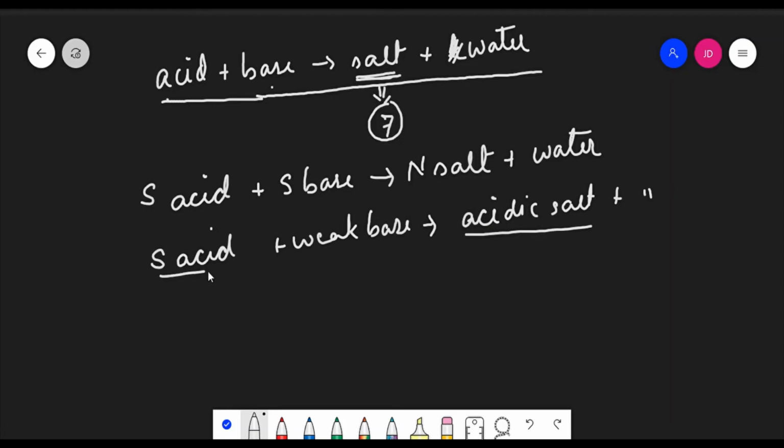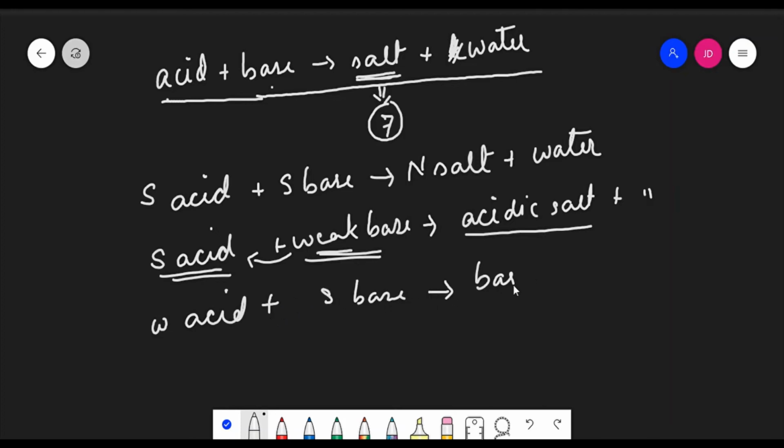Because the acid is stronger and the base is weaker. This weak base could not cancel out all the acidic characteristics, so some acidic characteristic will remain in the salt. A similar case will happen if we take a weak acid with a strong base. Then our salt will obviously be basic in nature. So I hope you got this part.